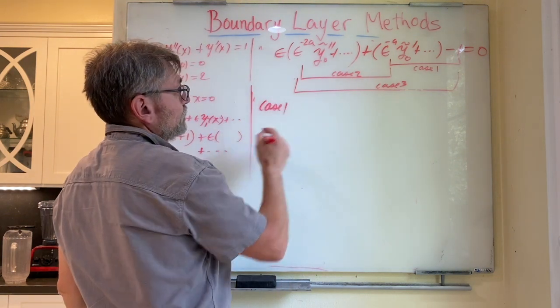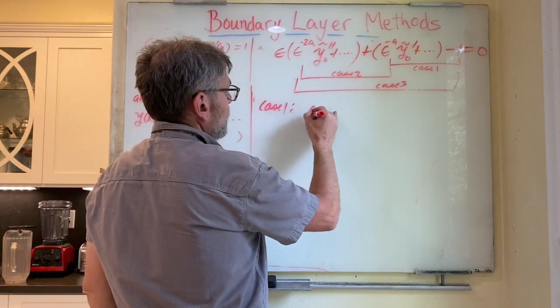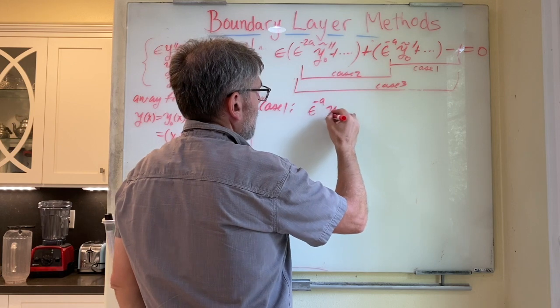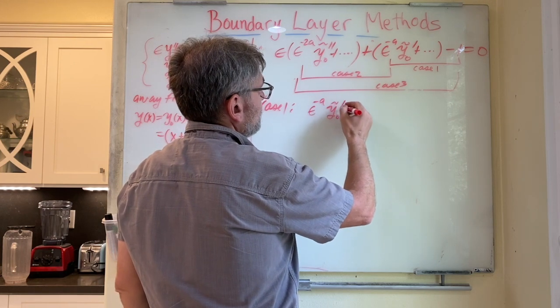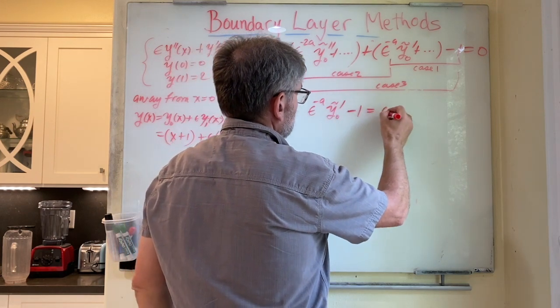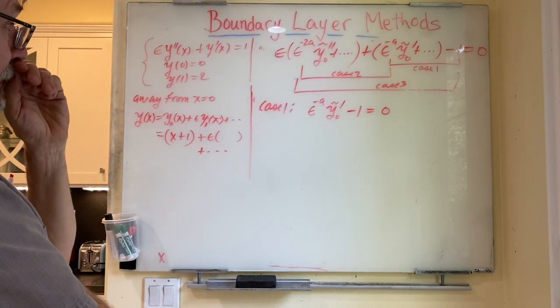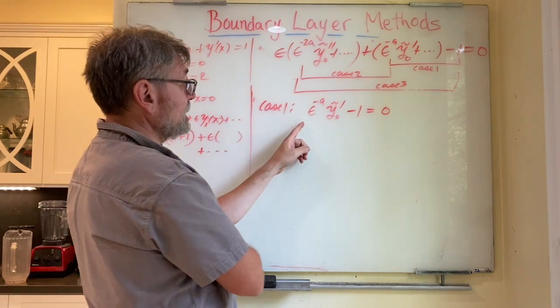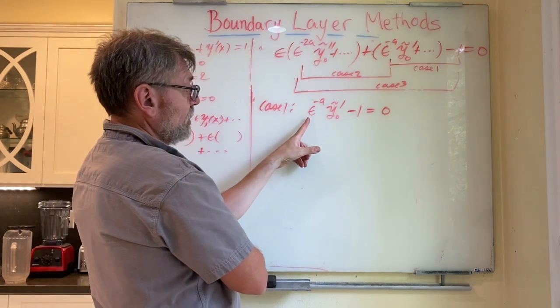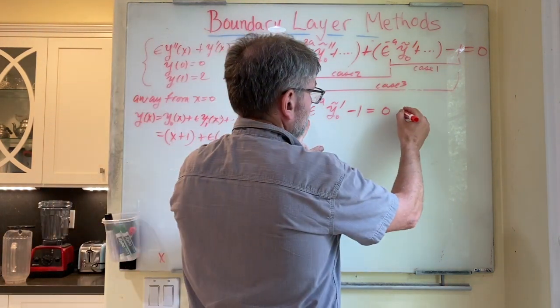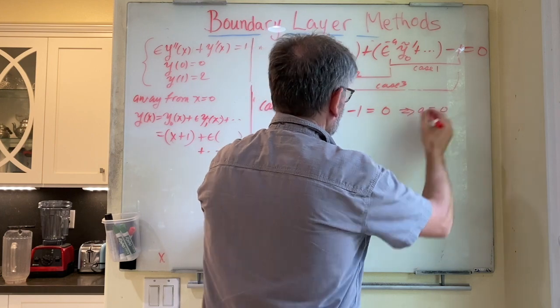Case 1 means that epsilon to the minus a y tilde naught prime minus 1 equals 0. If this is going to be true for any epsilon, then a has to be 0, right? That implies that a equals 0.